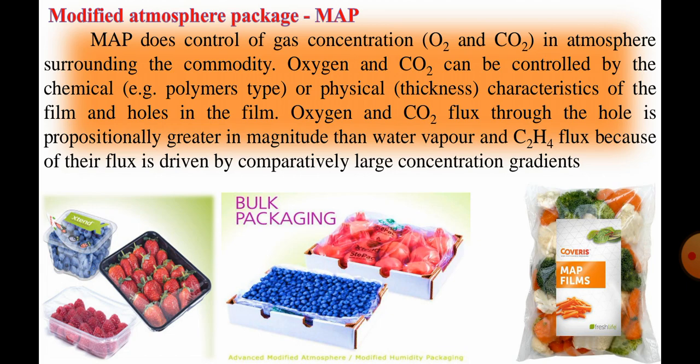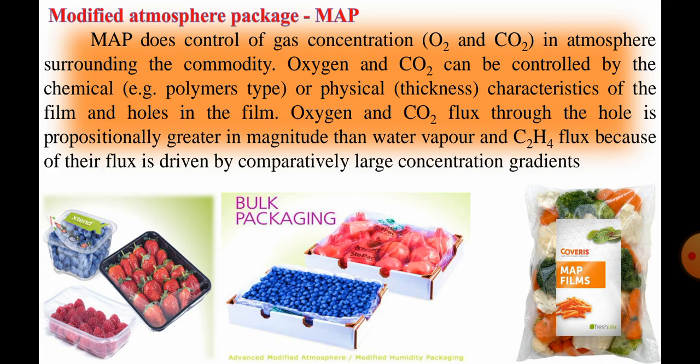Oxygen diffuses faster than CO2 through holes on account of its greater diffusion coefficient. In contrast, all plastic films are relatively more permeable to CO2 than O2. Both CO2 and O2, reactive gases, can be chemically scrubbed from packages and filled with inert gas like nitrogen.